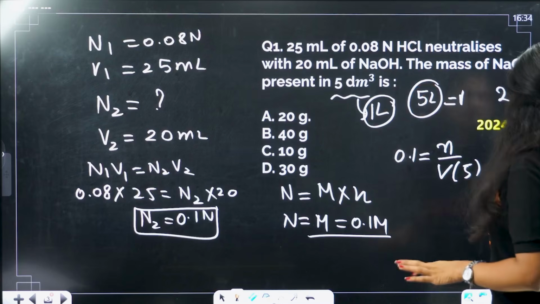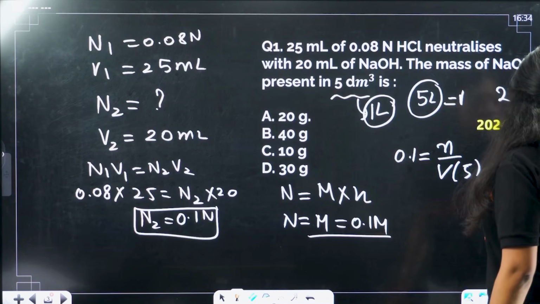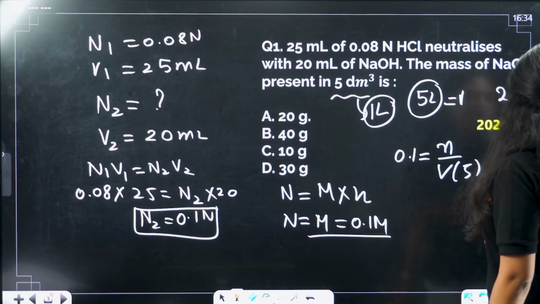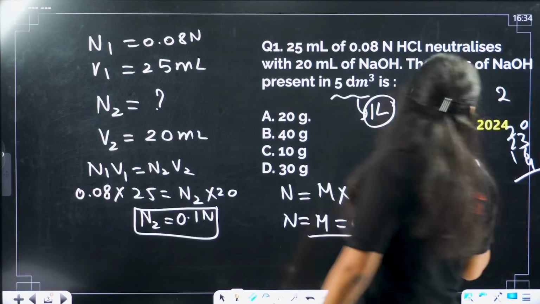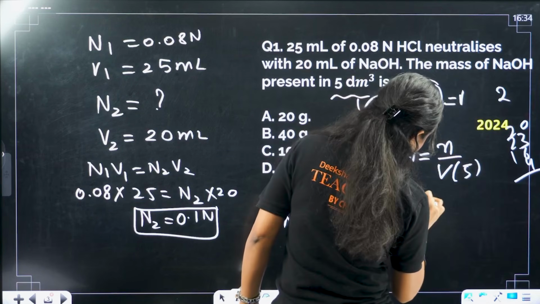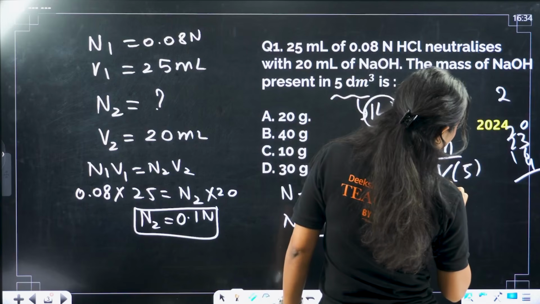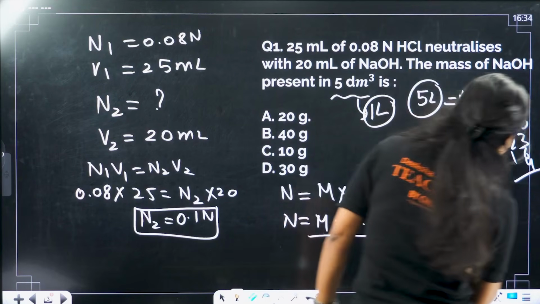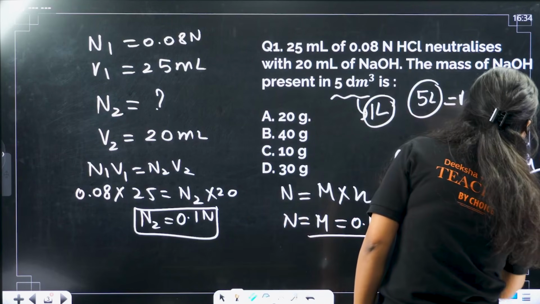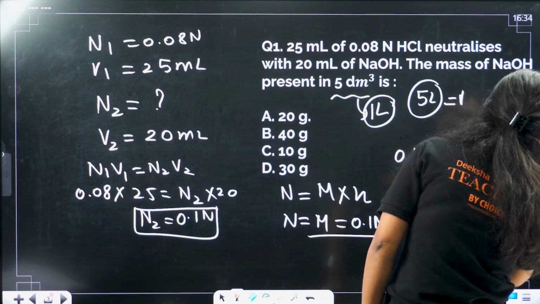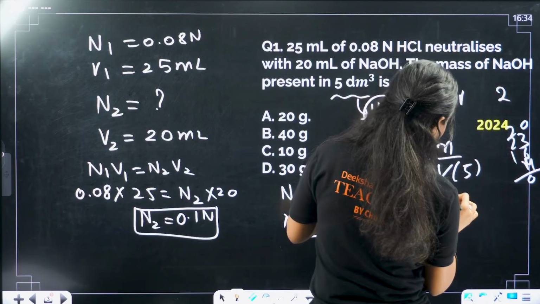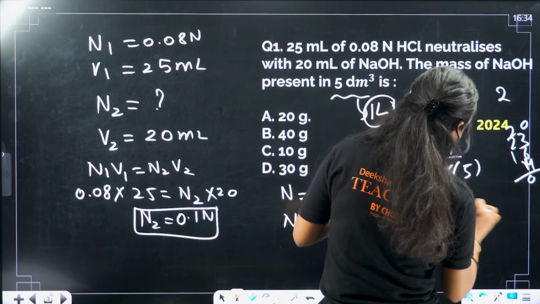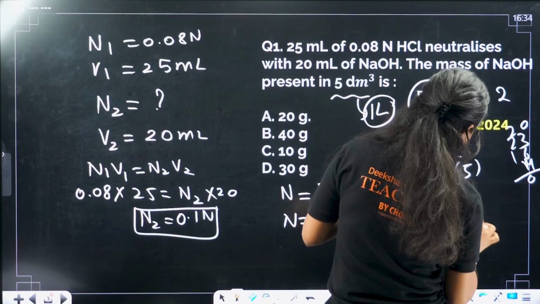What is the molar mass? Molar mass will be 23 plus 16 plus 1, which is 40. The molar mass is 40. So 0.1 equals the given mass, let's say that mass is W, by 40 times 5.